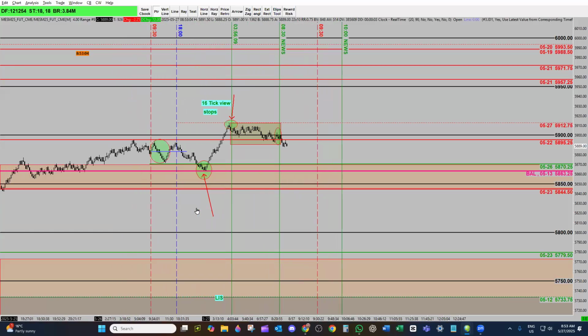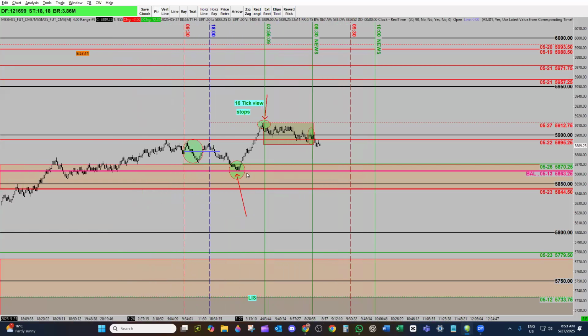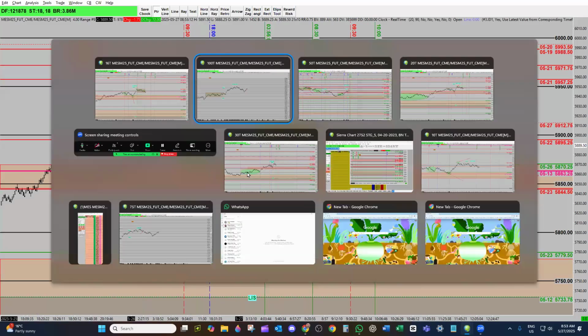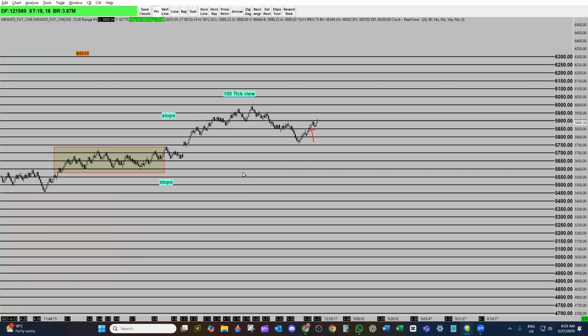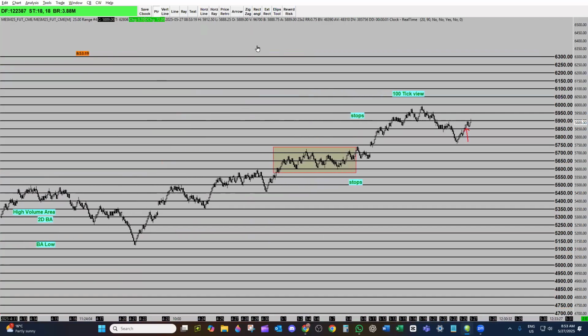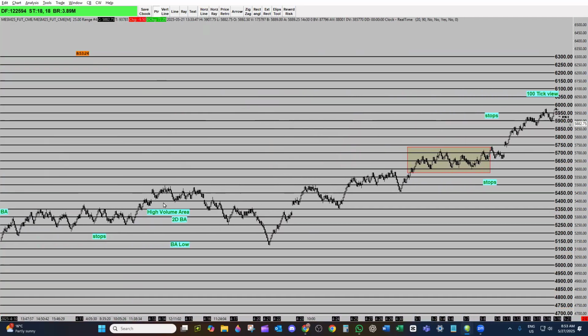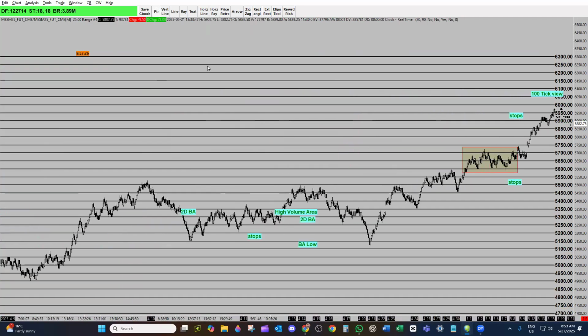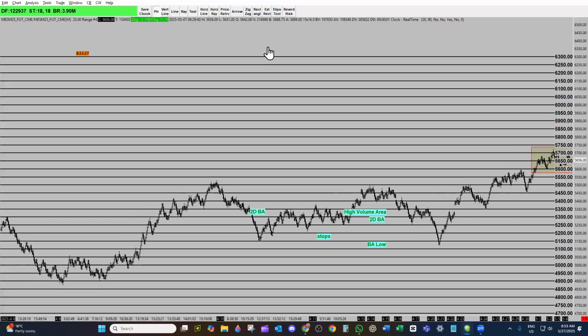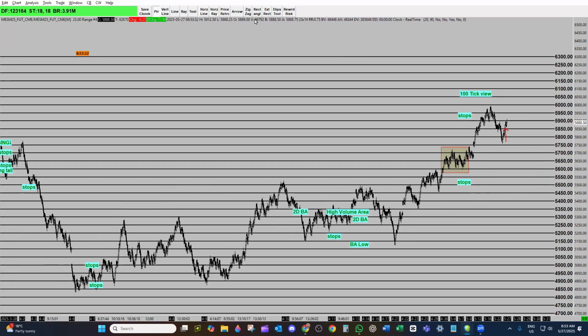But I want to flip to the 100 tick view, because overall, and I've said this multiple times, we are now trading at a 4 or 5 week high, or even more. We can go back and see that.